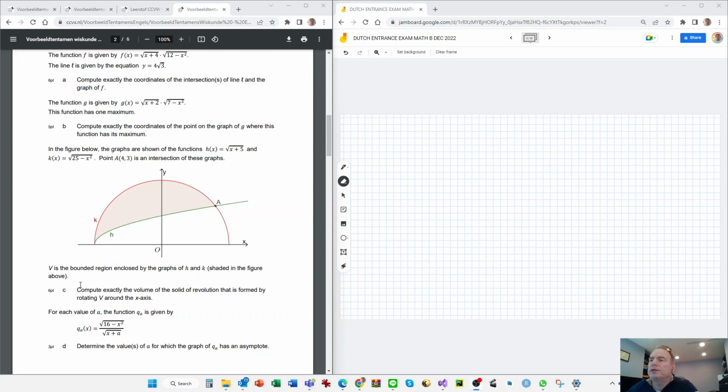Now we go to question 1c. We have these graphs of h, the green one, and k, the red one, and 4.3 is an intersection. And the volume V is the bounded region enclosed by the graphs of h and k.